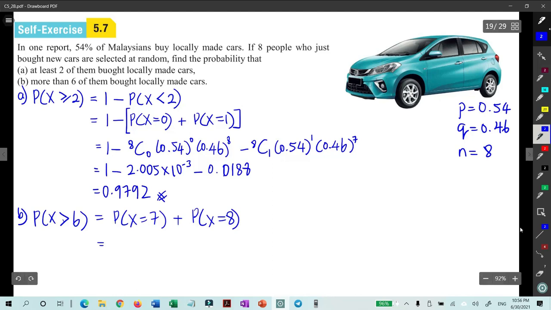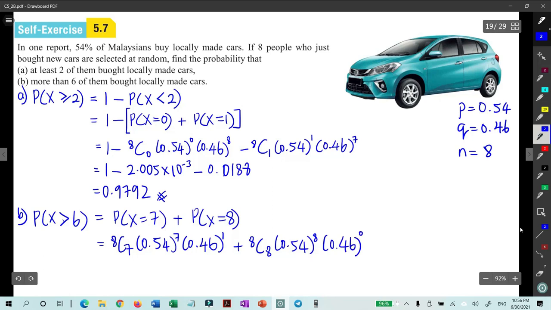Okay. So 8C7, 0.54 to the power of 7 times 0.46 to the power of 1, plus 8C8, 0.54 to the power of 8, 0.46 to the power of 0.